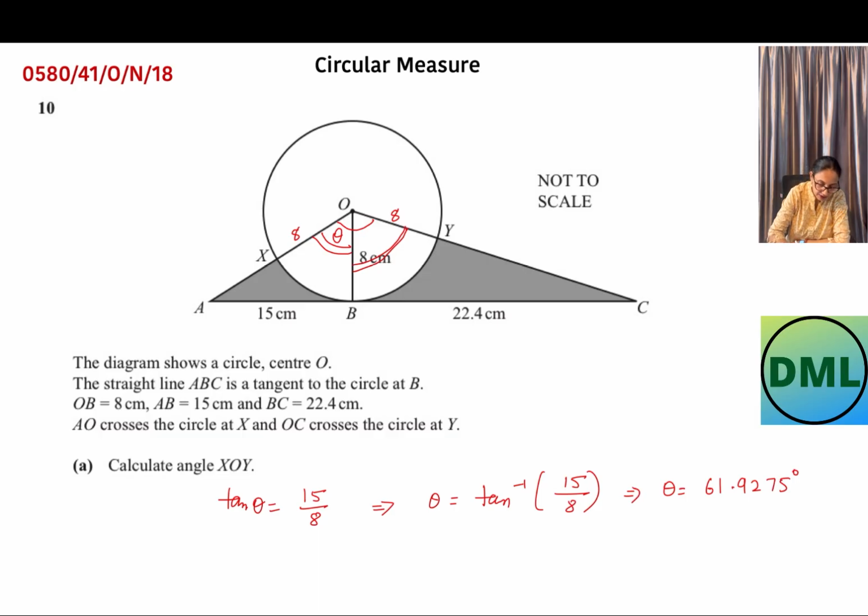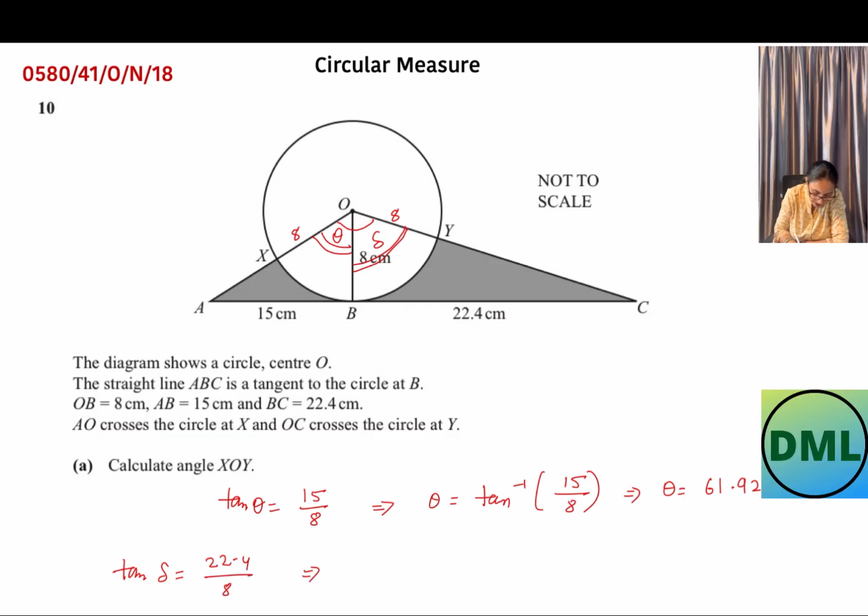Let's find out this angle gamma here. For this angle gamma, this is opposite and this is the base. The opposite and base relation is tan. Let's apply the tan formula again. Tan gamma is 22.4 divided by 8, so gamma is equal to tan inverse of 22.4 divided by 8.